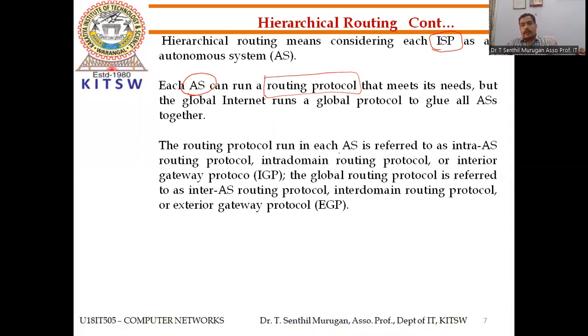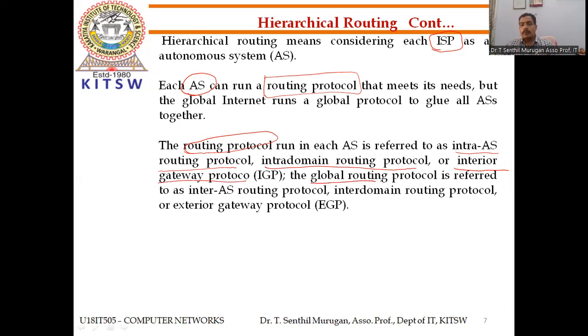The routing protocol run in each autonomous system is referred to as the intra-autonomous system protocol. This is used within the autonomous system, so it is called the intra-autonomous system routing protocol, or intra-domain routing protocol, or interior gateway protocol (IGP).